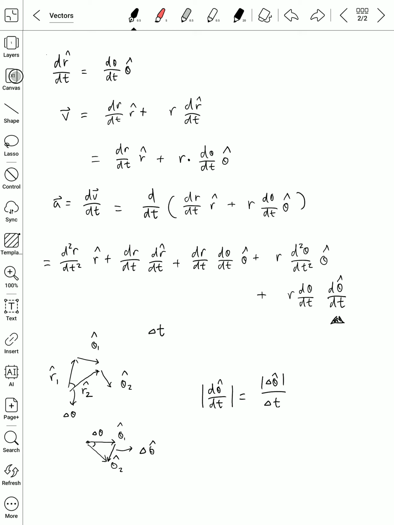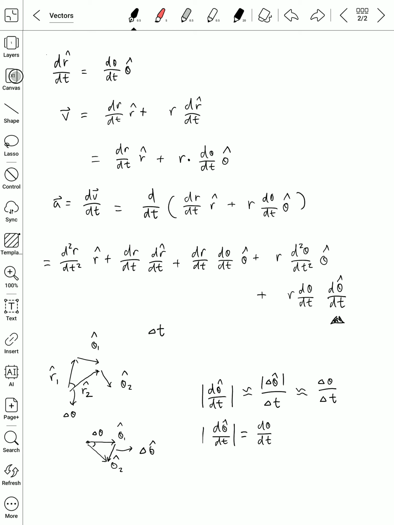Using a similar argument to the one we used last time when we derived dr hat/dt, this thing is approximately equal, and then this thing approximately equals Δθ/Δt. And as Δt approaches 0, we get the magnitude of dθ hat/dt exactly equals dθ/dt. Amazing, right?